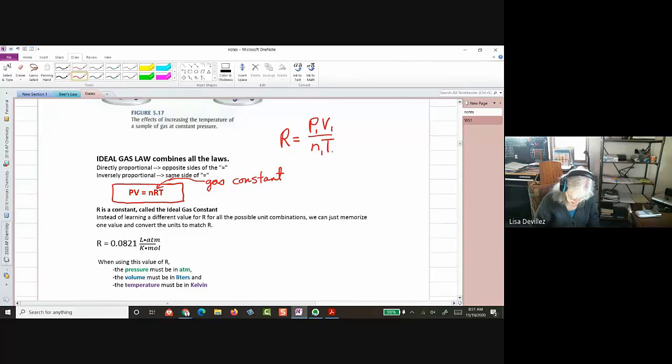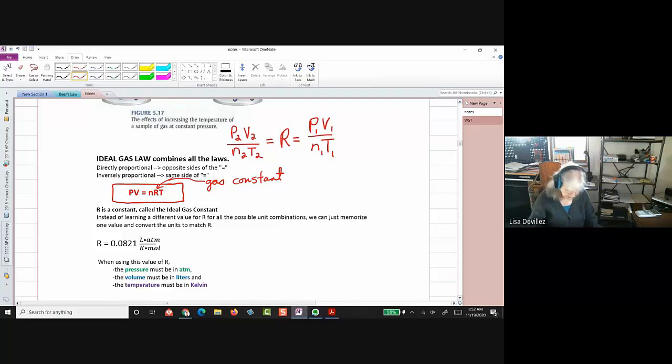And so what that means is that if I have a gas at a certain set of conditions, and then I change those conditions, so a new set of conditions, then PV over NT is always going to be equal to that gas constant.